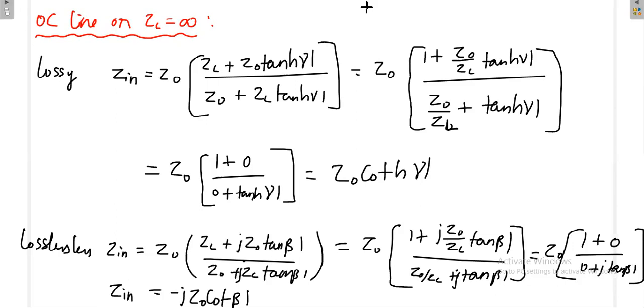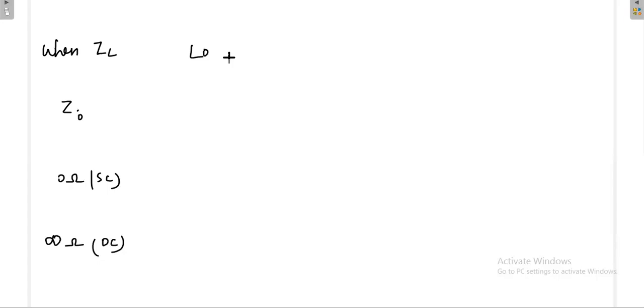Now I can put a table by comparing all these things. ZL can be Z0, or 0 ohm (short circuit), or infinite ohm (open circuit). Now what happens if the line is lossy or lossless?